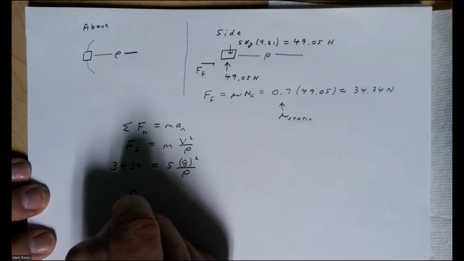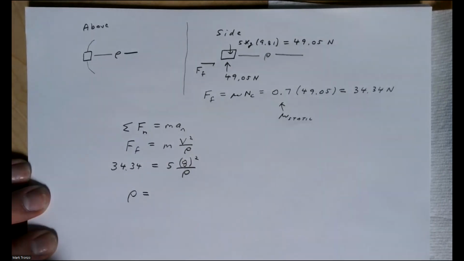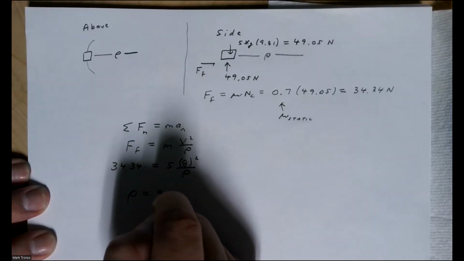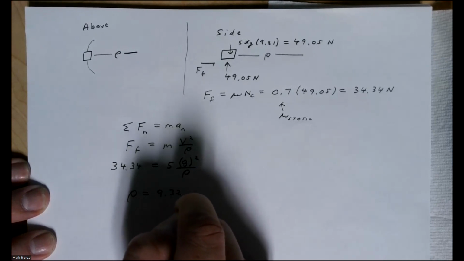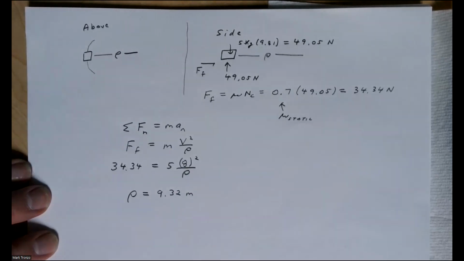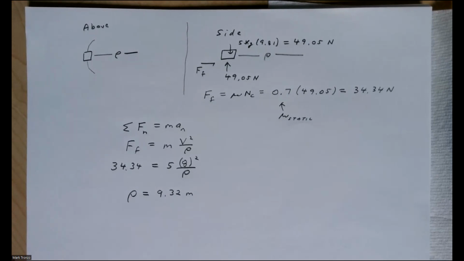And when you solve for rho, you get something like 9.32 meters. So that's going to be the minimum radius required to keep the carton from slipping.